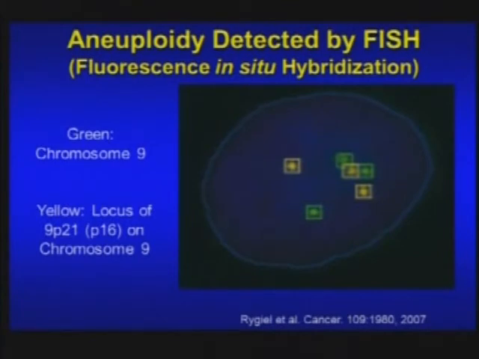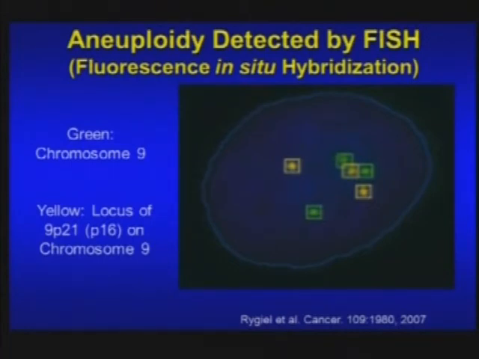So here's an example of aneuploidy being detected by FISH. Here you can see they're using a green probe for chromosome 9, and a yellow probe that looks at the specific chromosome area that P16 is located on. You can see in this cell, there are 3 copies, or 3 green fluorescent signals and 3 yellow.